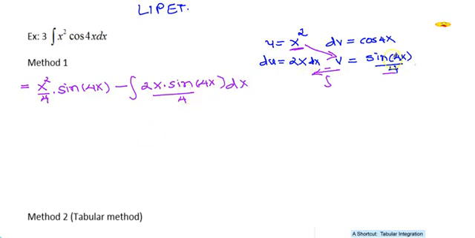I'm multiplying all of this together. Okay, so let's see what's happening here. Again, I have x times sine 4x. This piece is good, I got it. But what about this? If I simplify this, I can factor out 1/2 and I can still get x times 4 sine 4x dx.